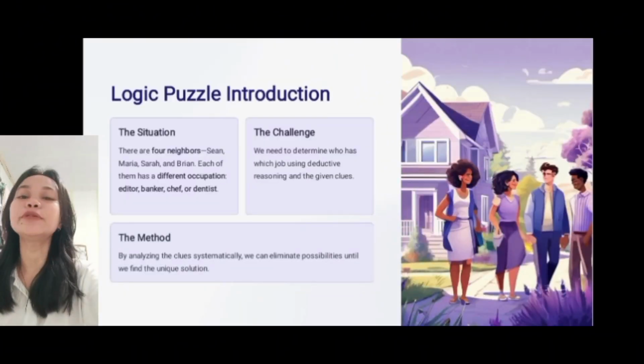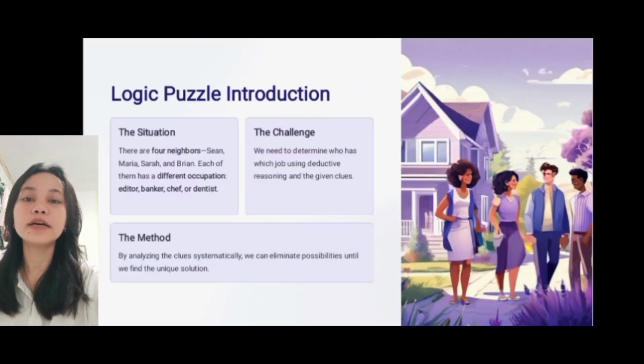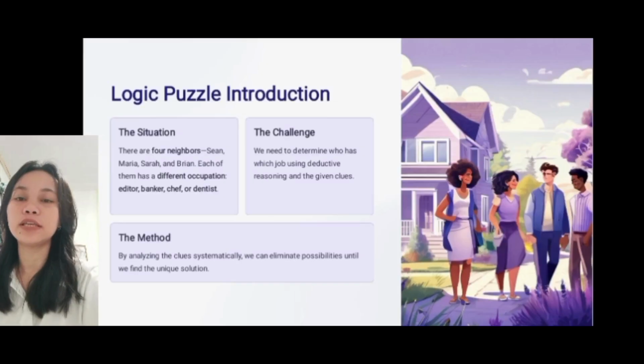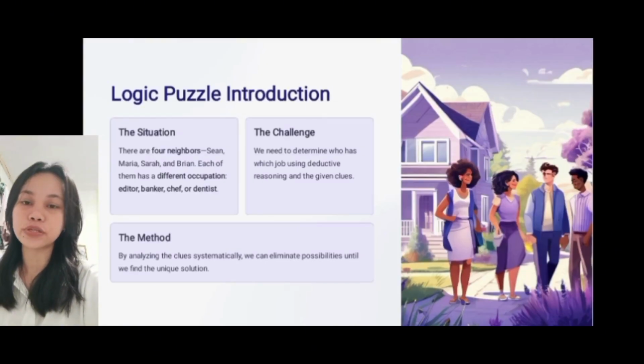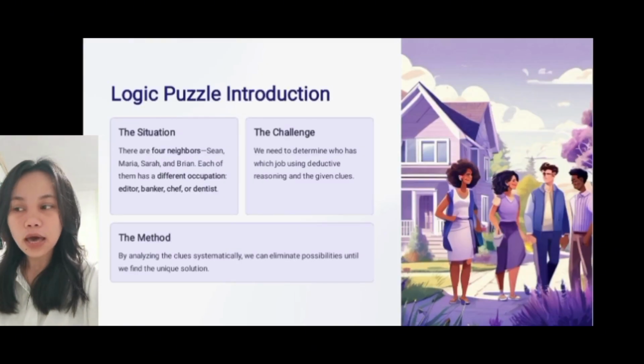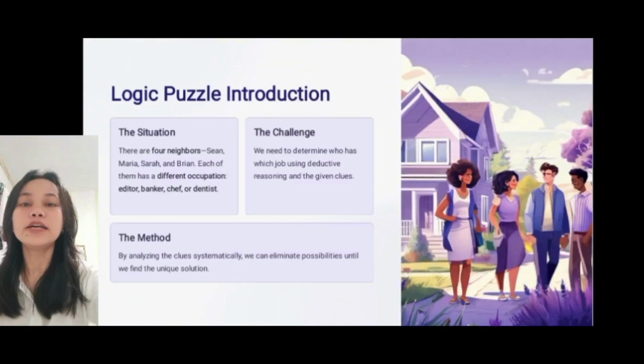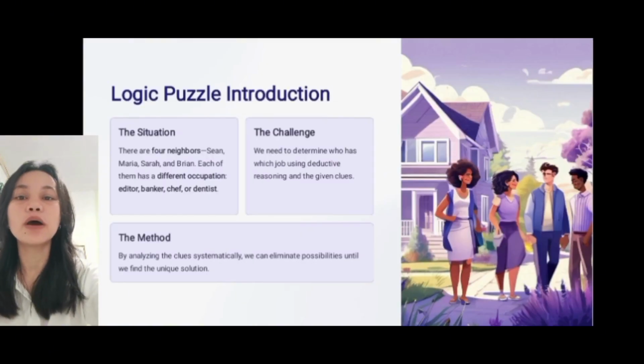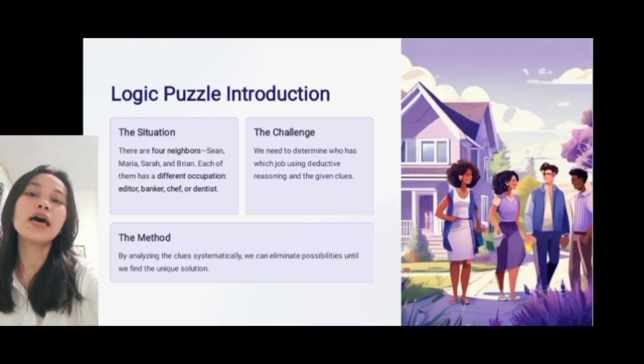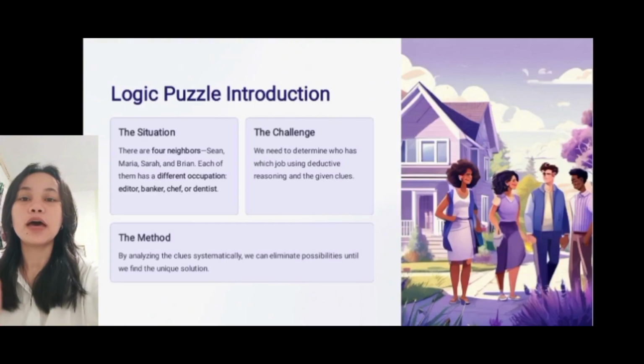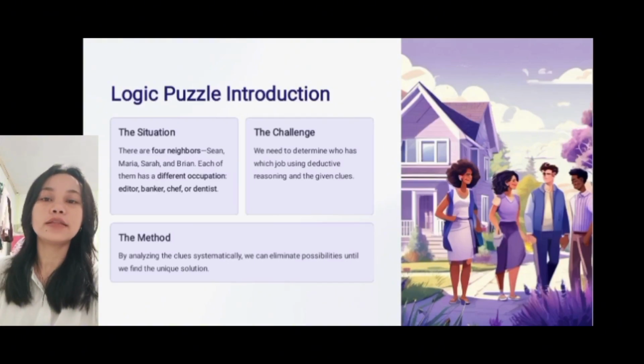Now let's proceed to use deductive reasoning to solve a logic puzzle. There are four neighbors: Sean, Maria, Sarah, and Brian. Each of them has a different occupation: editor, banker, chef, and dentist.